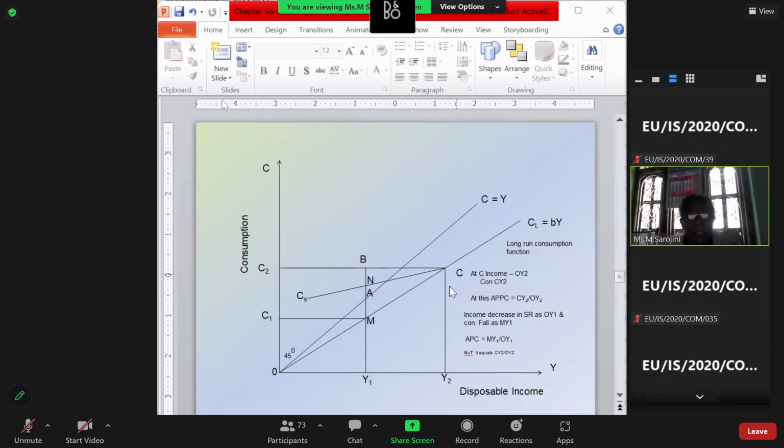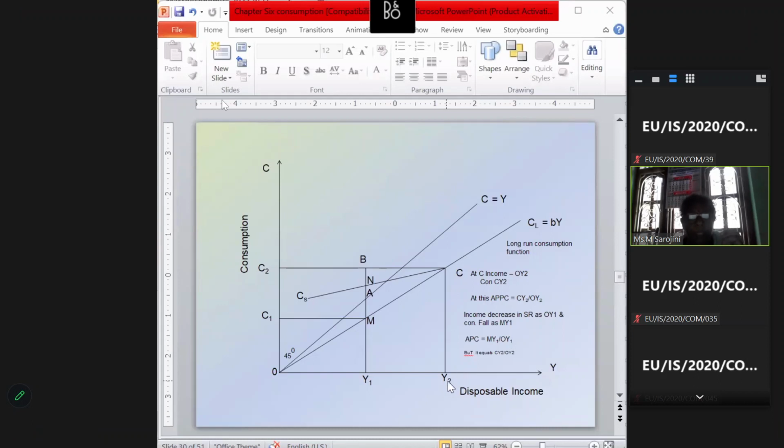Once the income decreases from OY2 to OY1, the consumption also should decrease from OC2 to OC1, right?